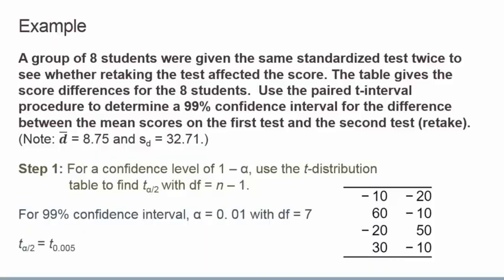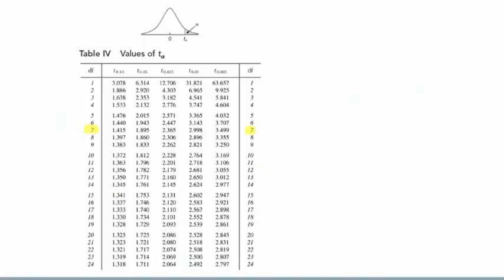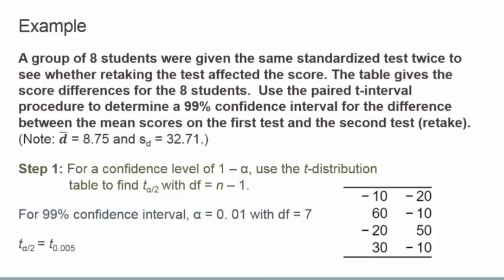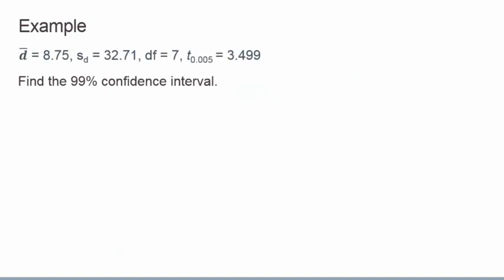Going to our table, looking at row 7, in column t sub 0.005, we have 3.499. So t sub alpha divided by 2 equals 3.499.